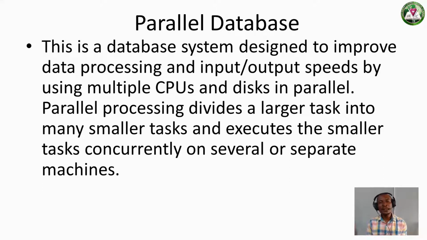So in parallel database, this is what parallel processing tends to achieve, to speed up the rate of data processing, to speed up the outputs of data processing. So any database system that is designed to improve data processing and input-output speeds by using multiple CPUs concurrently at the same time is called parallel database. I hope that is clear.